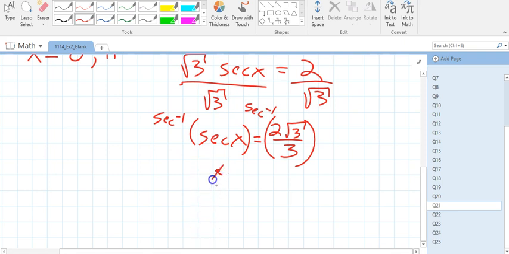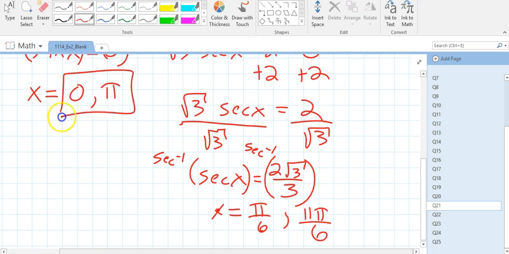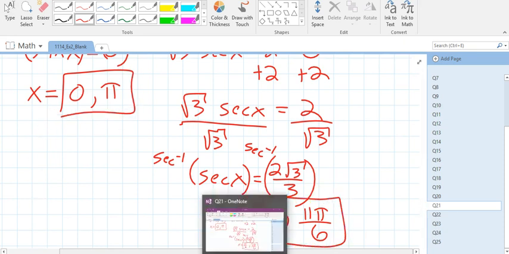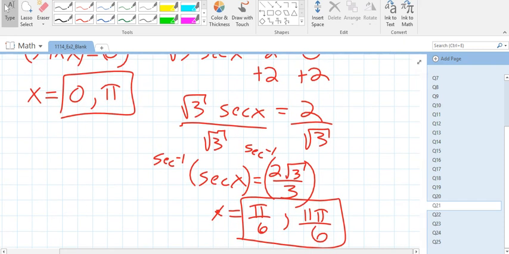So x, when is secant 2 square root of 3 over 3? Good. Pi over 6, 11 pi over 6. So we have a total of 4 answers. 0 and pi, and 11 pi over 6, and pi over 6. Cool? All right.